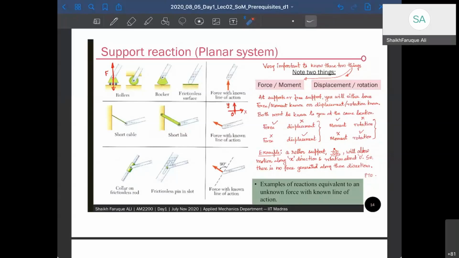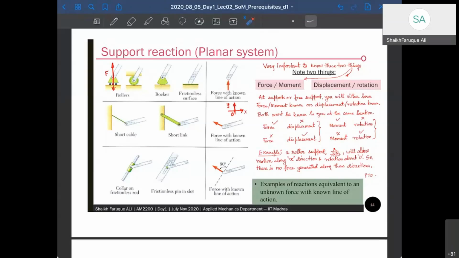That means as long as there is resistance, there is a force, your motion is 0. But if the room is empty and there are no people apart from yourself, then you can easily go to the exit, right? And there is no force acting on you. Therefore, when you have a motion, there is no force acting on you. So either the force will be there to make sure that you have 0 deformation, or you will have motion to make sure that there is 0 force.